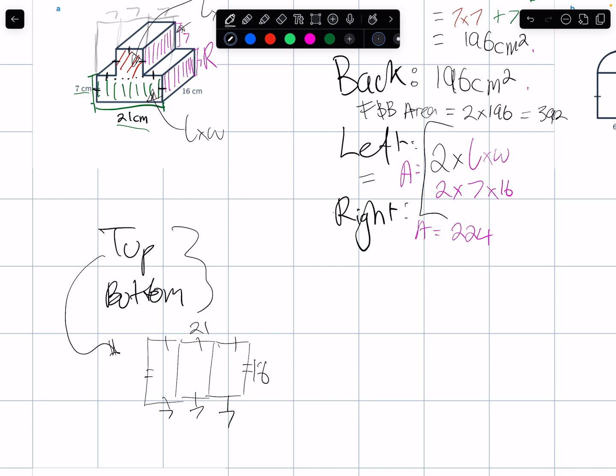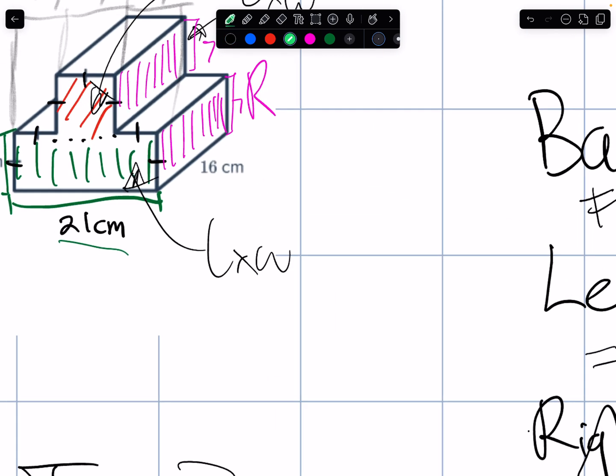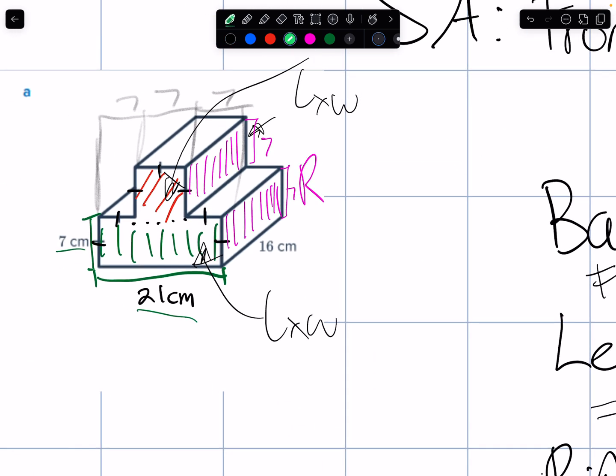Now, we can work through them separately. We'll do our top first. So our top, like we said, we have 3 sections. So let's just get them in. What color should we use? Yeah, lime green. I like lime green.